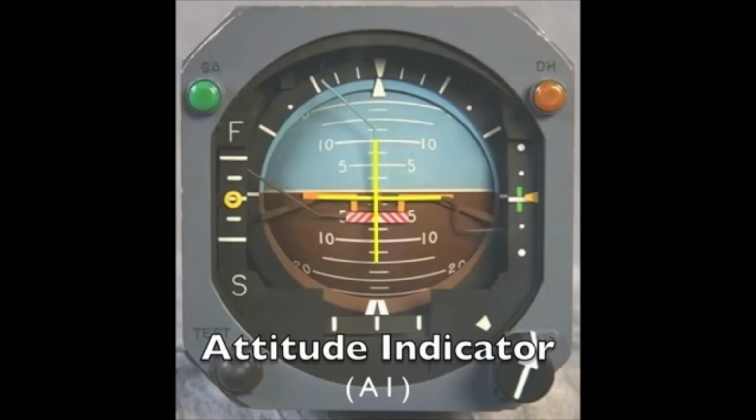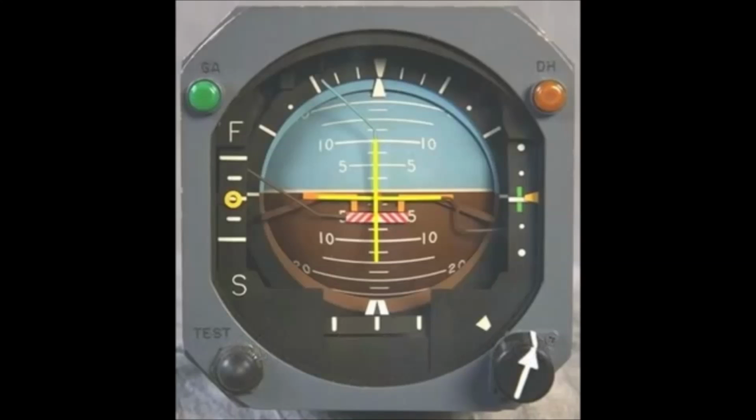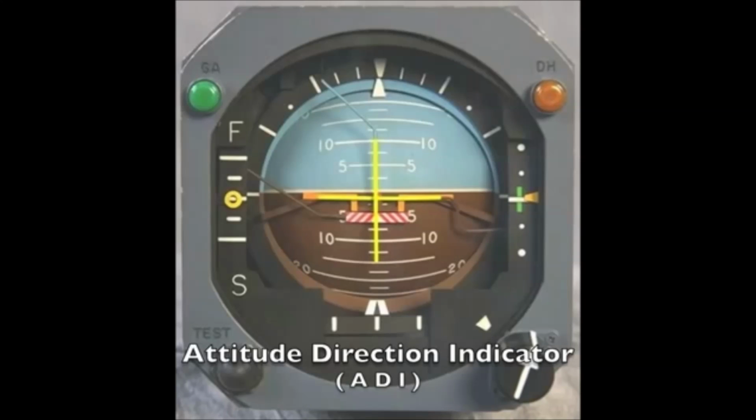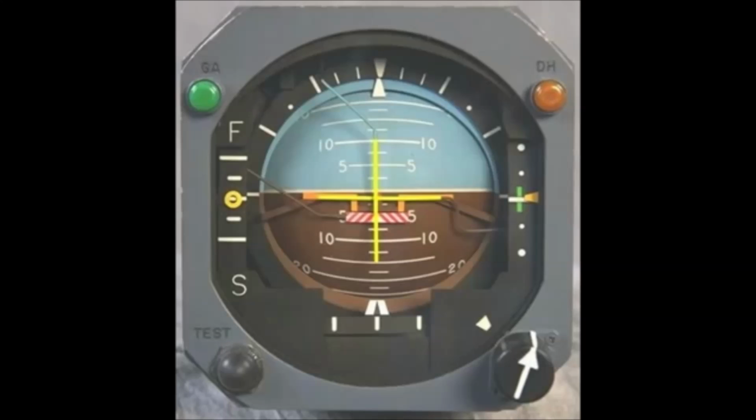The attitude indicator, AI, also known as gyro horizon or the artificial horizon, or attitude director indicator, ADI, is an instrument used in an aircraft to inform the pilot of the orientation of the aircraft relative to the Earth.